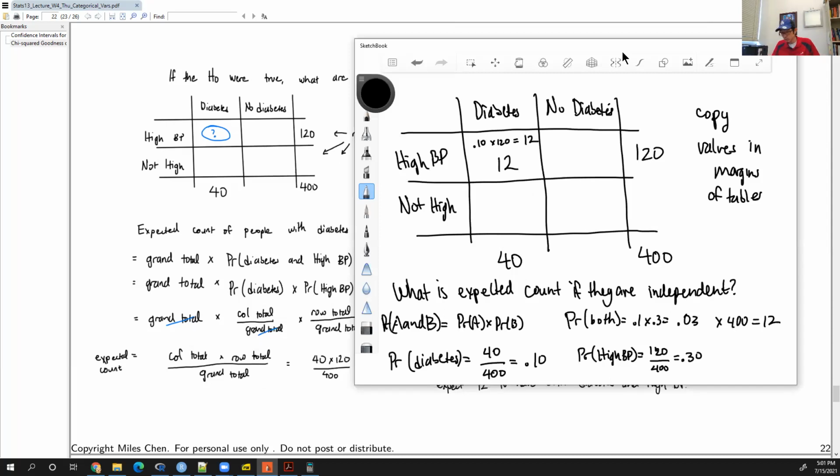Symbolically, if we wanted to generalize into formulas, how did I get this number? I took the grand total 400 and multiplied it by the probability of diabetes, 10%, times the probability of high blood pressure, 30%.